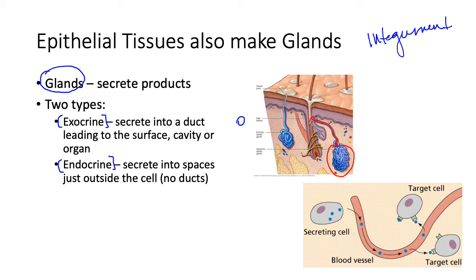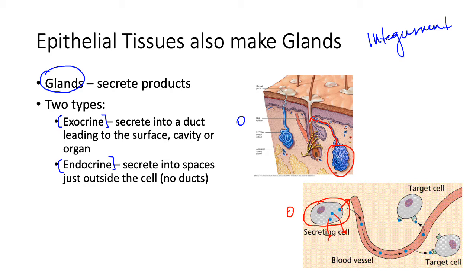Endocrine glands are different, and those are shown here in the bottom figure. Endocrine glands secrete their substance directly outside of the cell. So for instance, if we had a secreting cell here, that endocrine gland, rather than deposit its substance in a duct that then goes somewhere, just uses exocytosis to secrete those products outside of the cell.